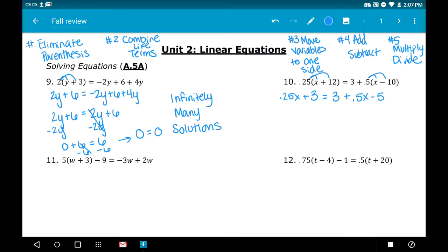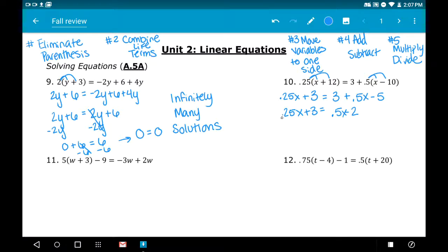Now, second step, combine like terms. On the left side, we don't have any like terms, so we're going to leave that one the same. But on the right side, we have a 3 and a negative 5. So when I add those together, 3 minus 5 is negative 2. Third step, move variables to one side.